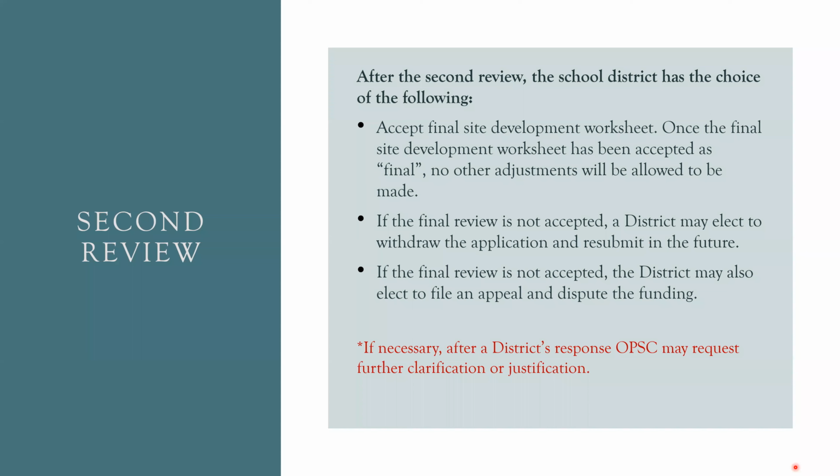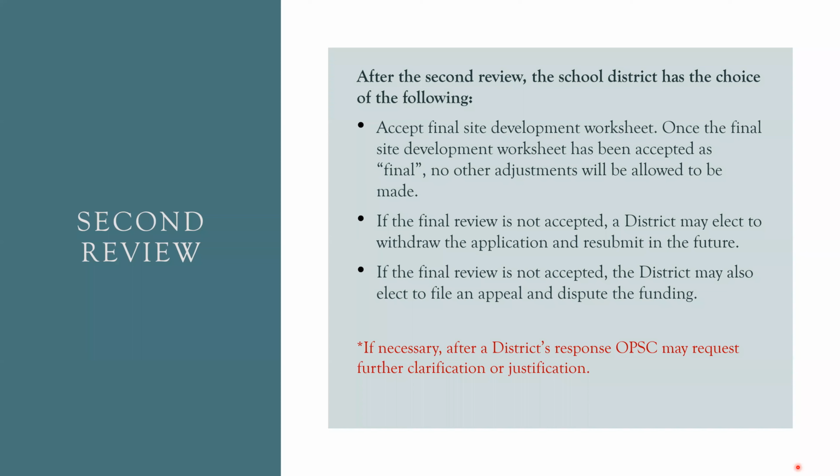After the second review, the school district has the choice of the following: accept the final site development worksheet. Once the final site development worksheet has been accepted as final, no other adjustments will be allowed. If the final review is not accepted, a district may elect to withdraw the application and resubmit in the future.